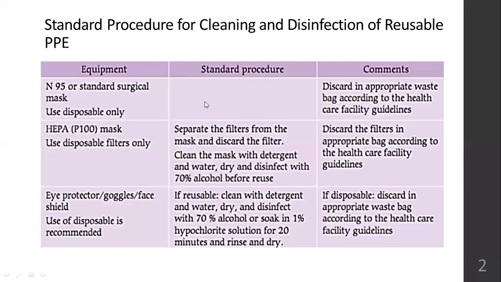But if the eye shield and goggles are reusable ones, after every patient use, you have to clean it with detergent water, dry it, disinfect it with 70% alcohol, or soak it in 1% hypochlorite solution for 20 minutes and rinse and dry. Okay, so you have certain options. Either detergent water, soap water, and then dry it, spirit, or 1% hypochlorite solution for 20 minutes. Okay.